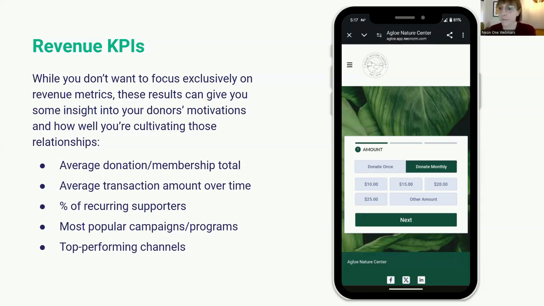Also, this is another thing that may turn up something scary but helpful. If you notice, for example, that your average donation amount is going up, but your average number of active supporters is going down, that happens for a lot of nonprofits. That's a really big trend right now. You will know, like a lot of other nonprofits do, that you're relying too heavily on a very small pool of donors.